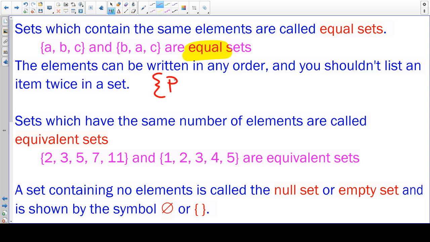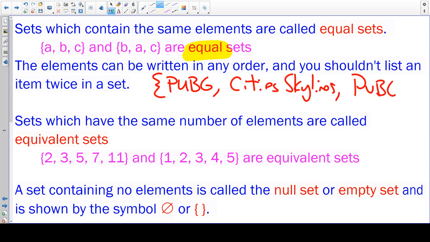Well, I played PUBG, and then I played City Skylines for a bit, and then I went back and I played PUBG again. Okay? You named it twice. You don't write out an element twice. So if something occurs twice or more in a set, you just write it once. You just write it once, okay?